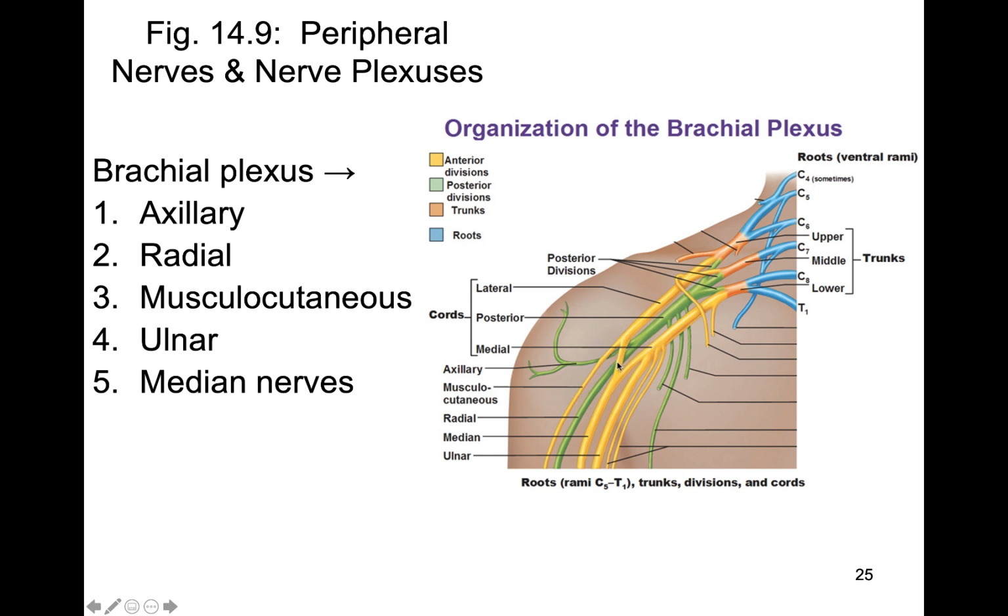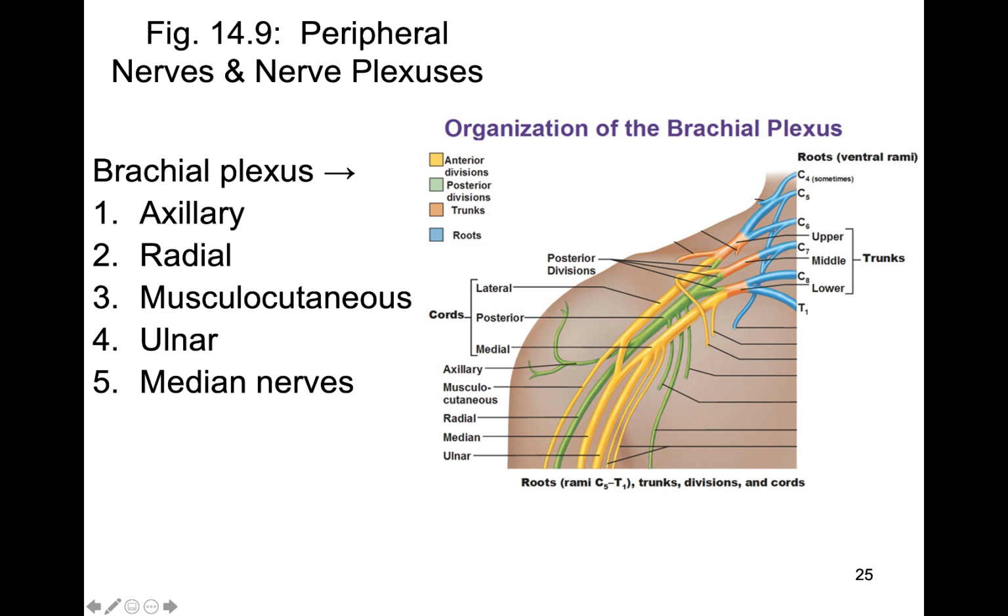And when you follow the other one, you're going to notice it's going to combine with the medial cord, and it's going to form the median nerve. So the musculocutaneous comes off of the lateral cord, and then the lateral cord combines with the medial cord. That's going to make the median nerve here.